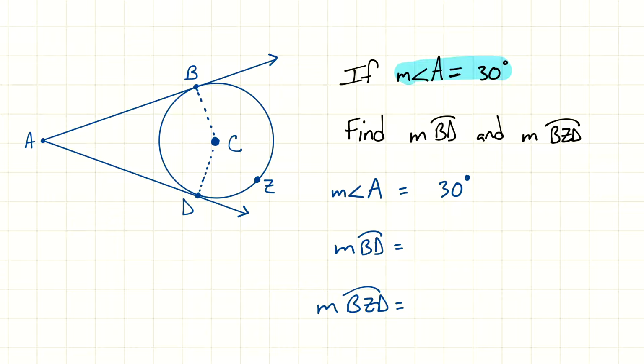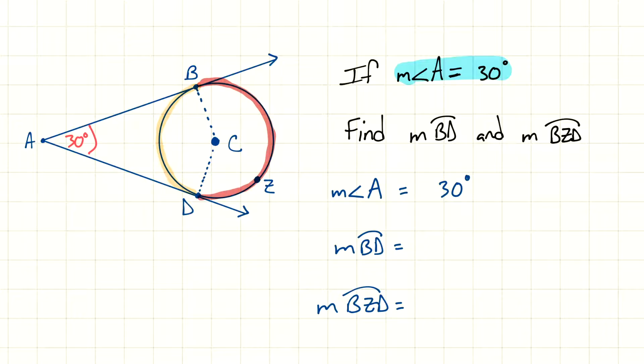So here's the same question, except I've given you the measurement of angle A. So I'm going to put that into the picture. So this is already 30 degrees. I'm looking for the minor arc, which is arc BD, and I'm also looking for the major arc as well.